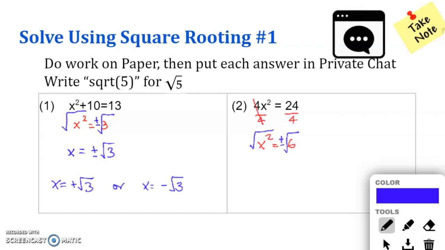Okay, so then the square root and square cancel each other out, and you're left with x on the left hand side, and you're left with plus or minus root 6 on the right hand side. Again, root 6 cannot be simplified any further, so we'll leave it as it is. That means x could be equal to positive root 6, or x could be equal to negative root 6.